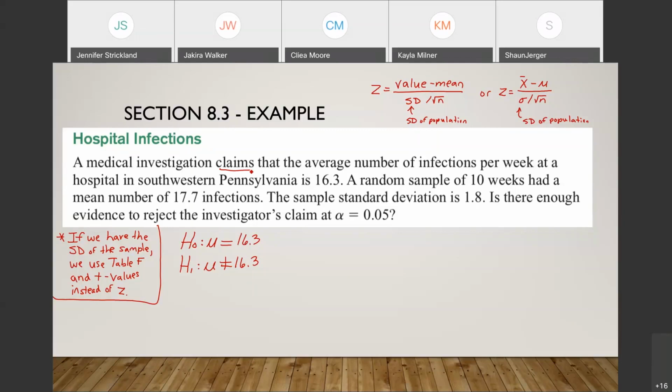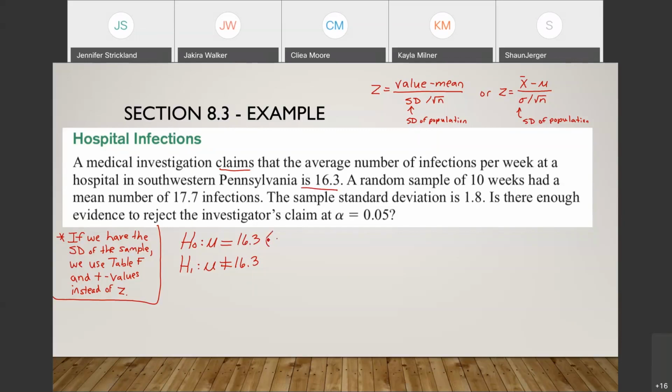All right, so which one do I write the word claim by? Which one? Okay, so the H1 says that it's not equal to 16.3. I think that this is saying that it is. A medical investigation claims that the average is 16.3.